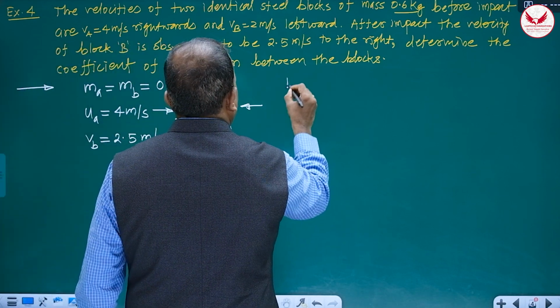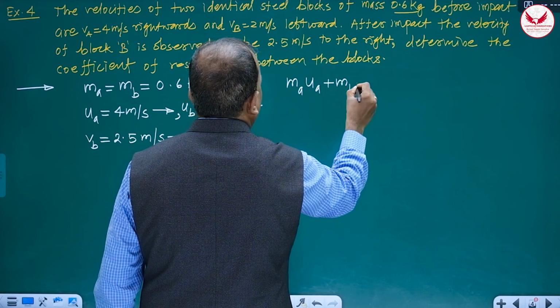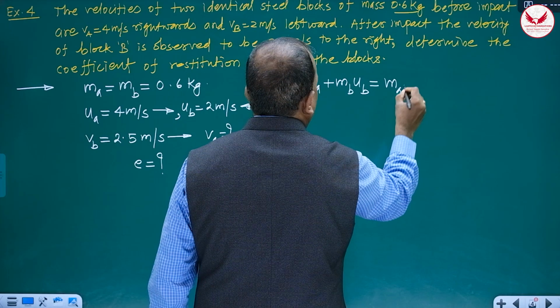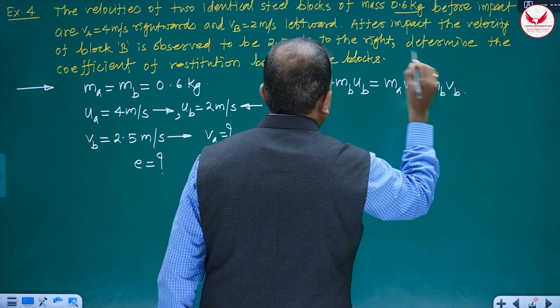So conservation of momentum: MA UA plus MB UB is equal to MA VA plus MB VB.